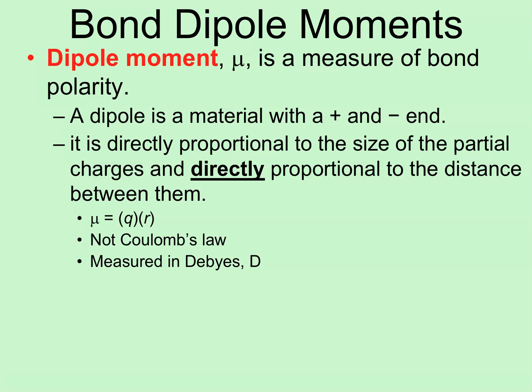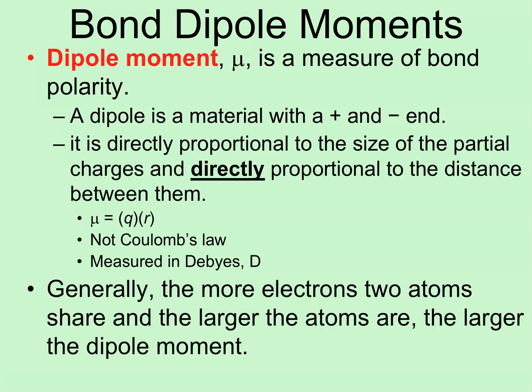Again, you will not have to do anything with dipole moments except figure out, is something polar, and what direction is the polarity pointing in. But generally, the more electrons two atoms share and the larger the atoms are, the larger the dipole moment is going to be.